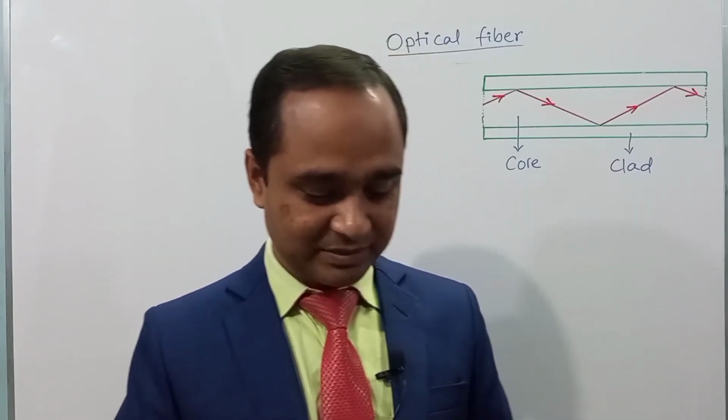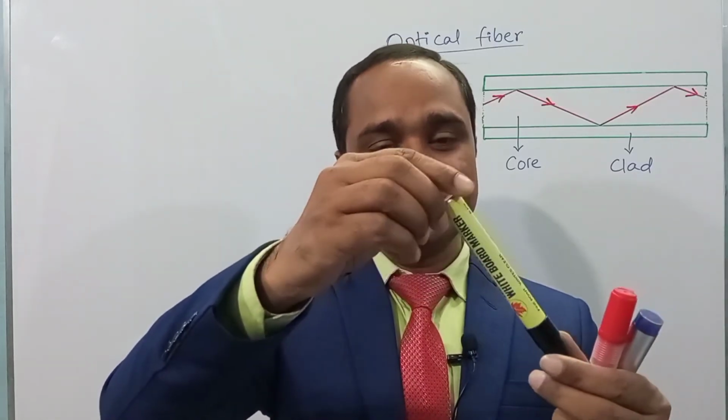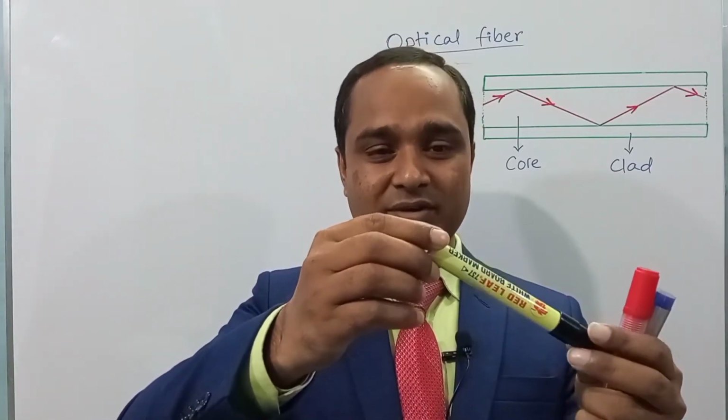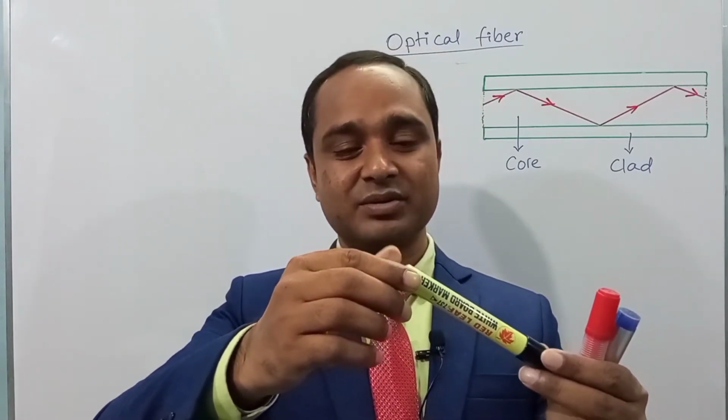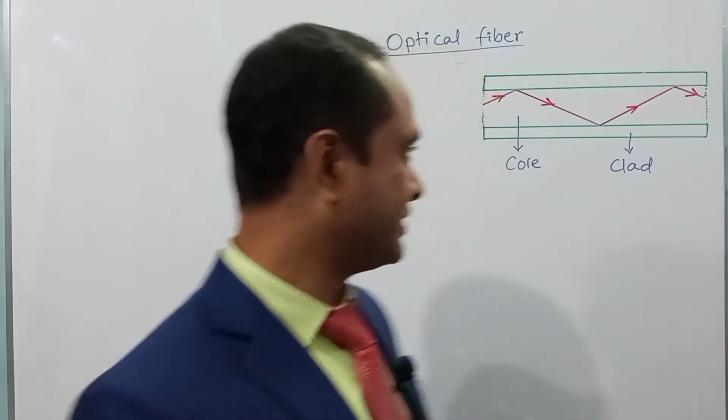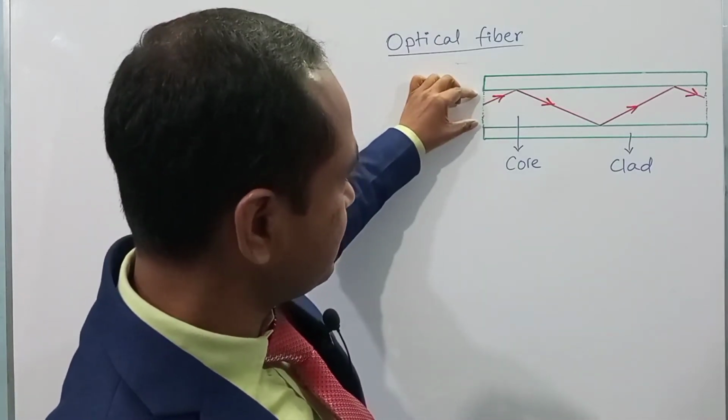Dear student, suppose my marker indicates the optical wire or optical fiber, and a special coating remains over the optical fiber. That is like the figure. This is the optical fiber.